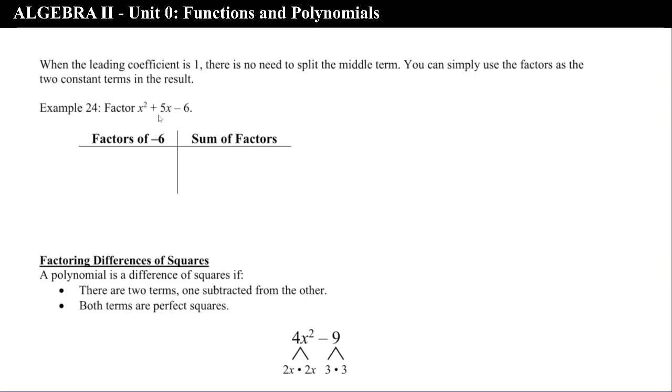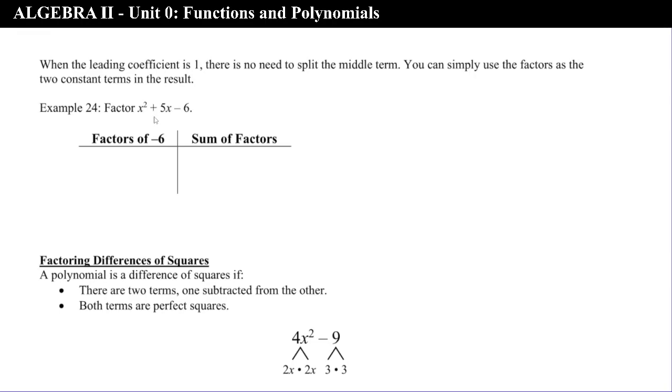Well, they have to add to give us a positive number, okay, because we have positive 5 as our middle term, positive 5x. Well, the positive term in the middle tells us that the bigger number is going to be our positive number, and the smaller number will be our negative number.